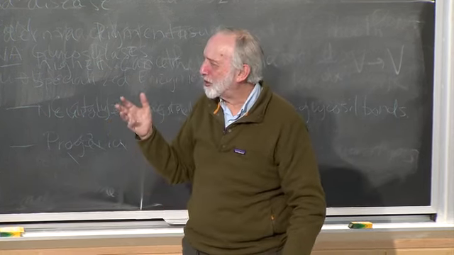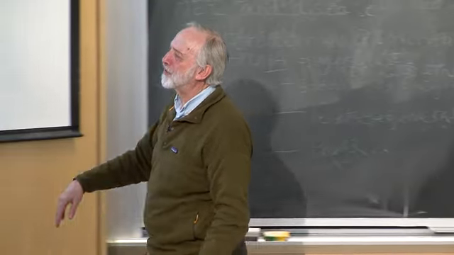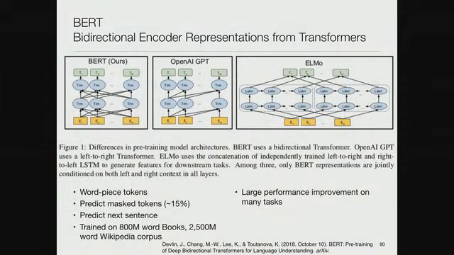But there are a whole bunch of other tricks. Instead of using words, they actually use word pieces. So think about syllables, and you know, don't becomes do and apostrophe T and so on. And then they discovered that about 15% of the tokens being masked seems to work better than other percentages.